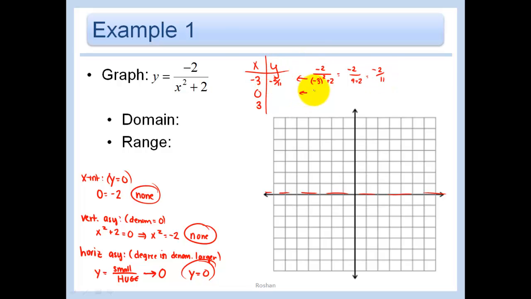If I put in 0, I get -2 over 0 squared plus 2, which is just -1. And if I put in 3, well, 3 squared is the same thing as (-3) squared, so I get -2/11ths again. And so let's just plot those 3 points.